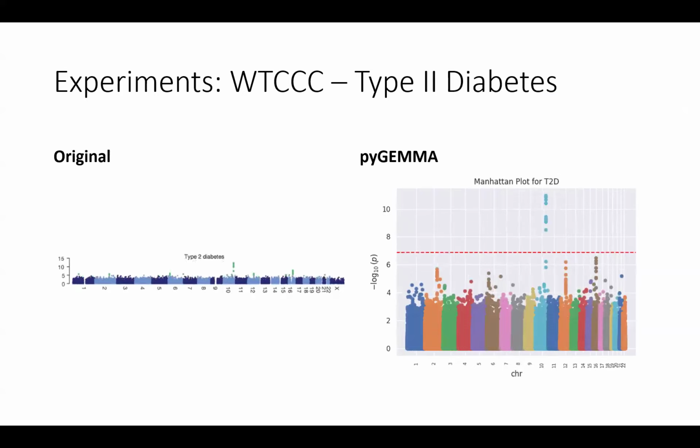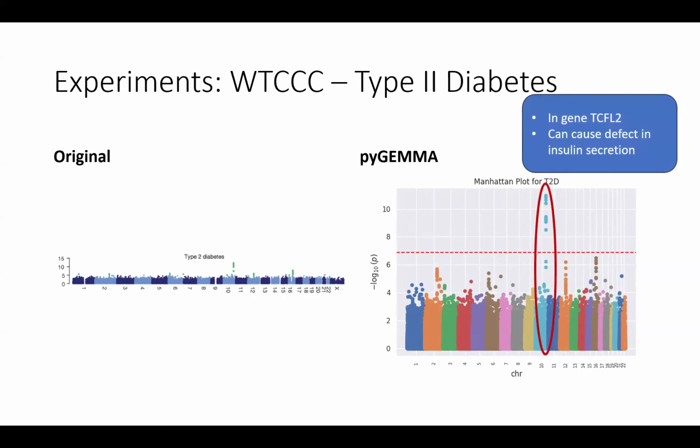We also see a spike here for type 2 diabetes, which is interesting because this hasn't traditionally been thought of as heritable, but research has started suggesting that there are heritable components. And that shows up here on TCF7L2, which can cause, depending on what mutation you have, defects in insulin secretion.